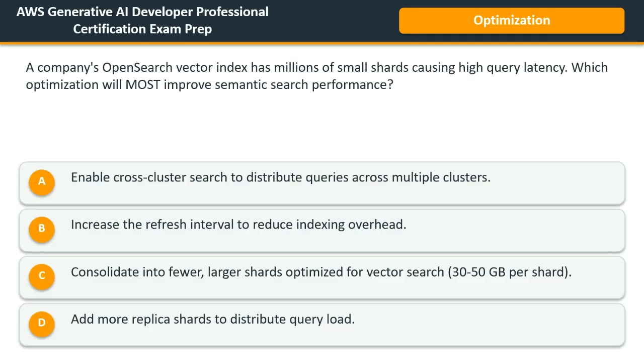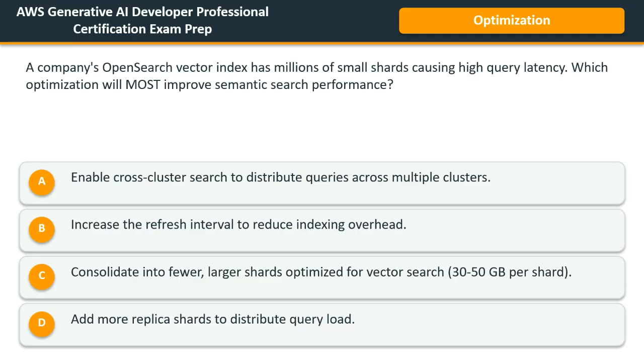This is a vector search performance question, and the key problem is right in the question: millions of small shards. For vector search, that is a performance killer. Each shard runs its own approximate nearest neighbor search, and then results have to be coordinated. When you have too many small shards, coordination overhead dominates query latency.